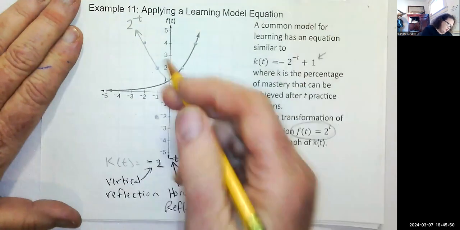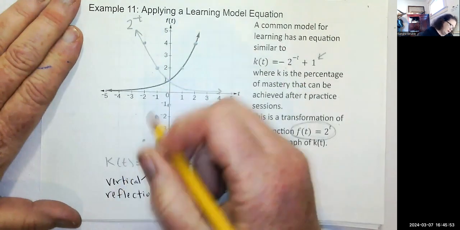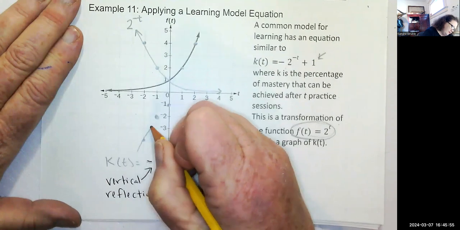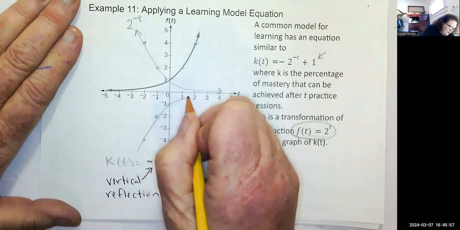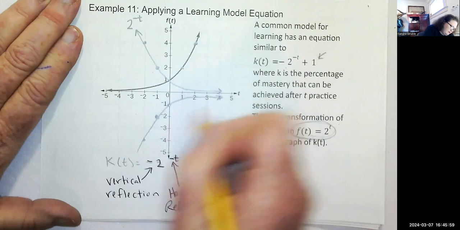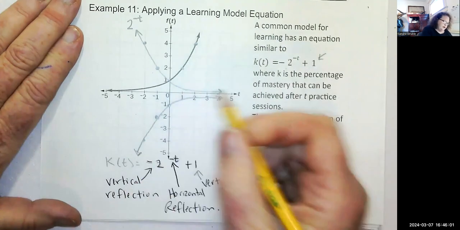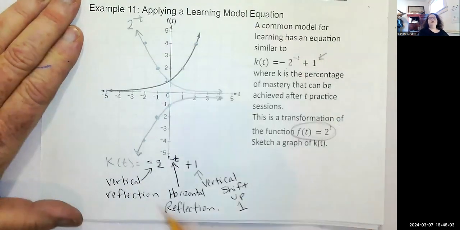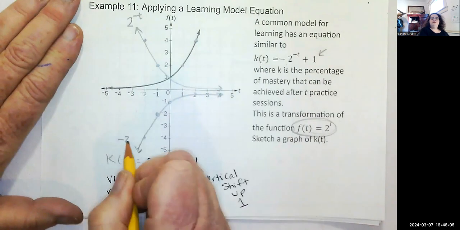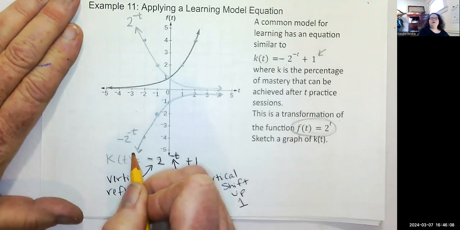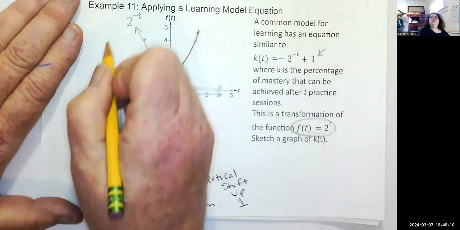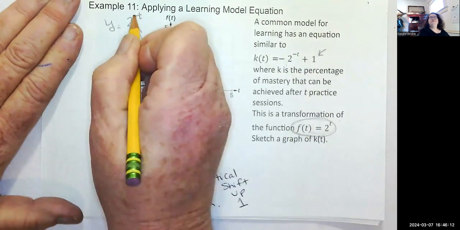Again, 2, 4. So it's going to go like that. So now it reflected across. So this one is -2 to the negative t is what it's representing.